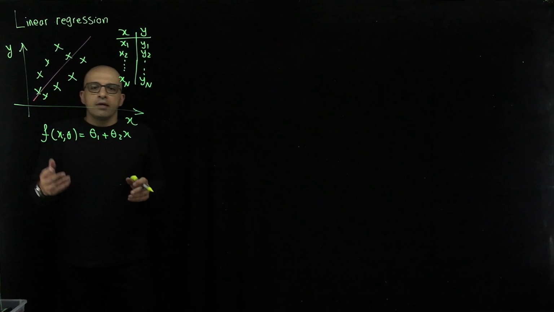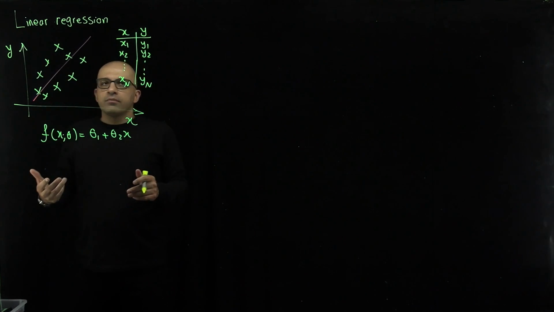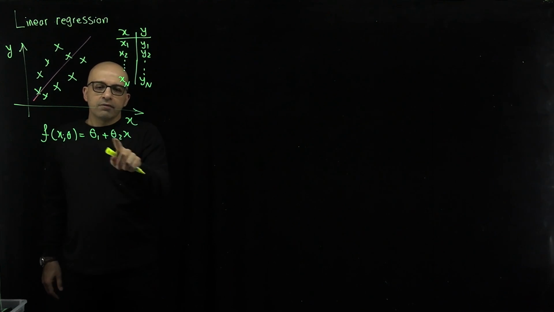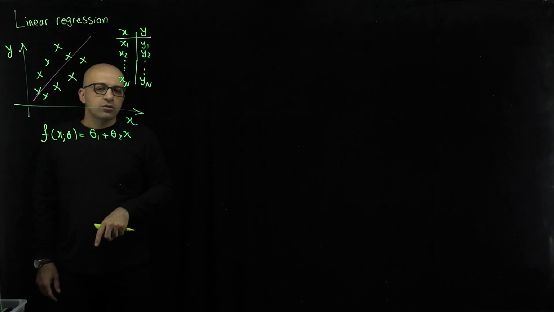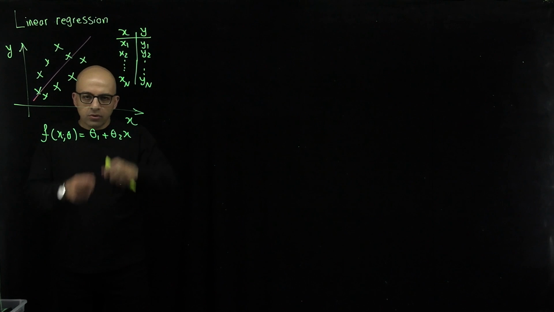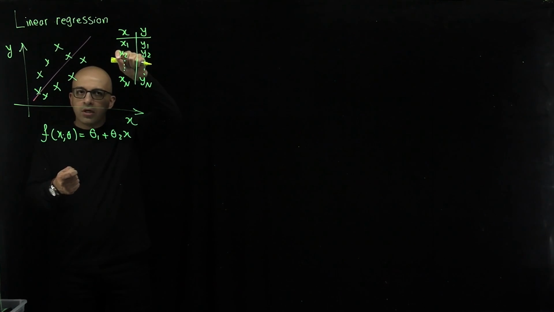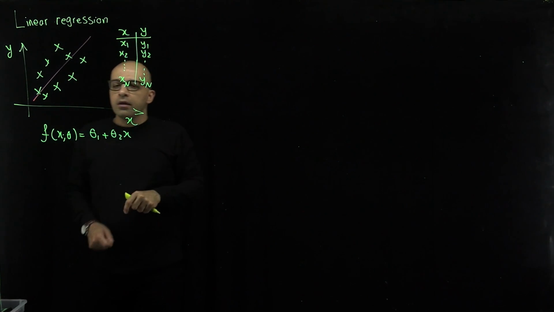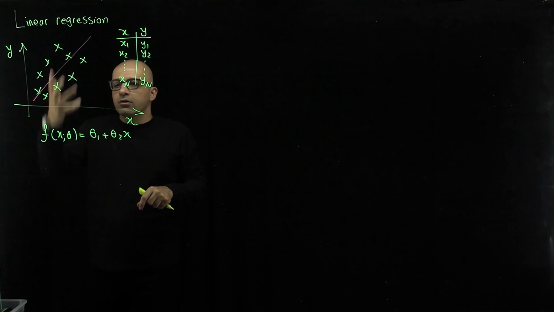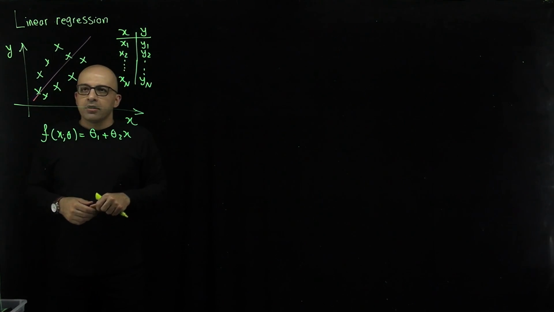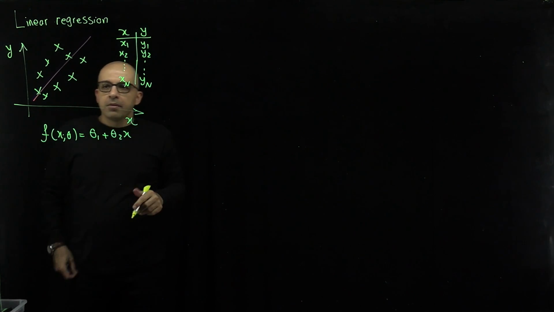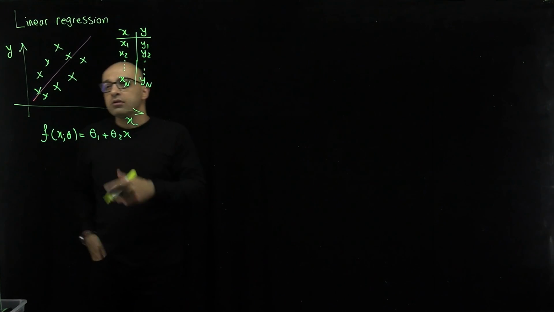From any pair of data points, we can find unique values for theta1 and theta2, because any two distinct points define a unique line. But obviously, we cannot just randomly pick those 2 points, because then theta1 and theta2 would be optimal for those 2 points, but probably a bad choice for the other points.